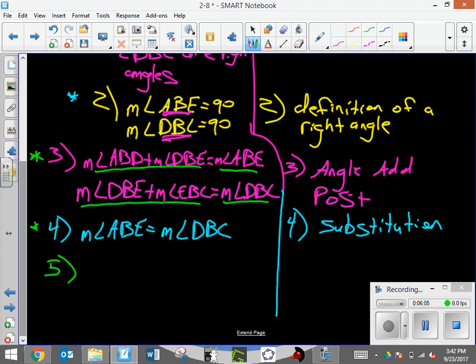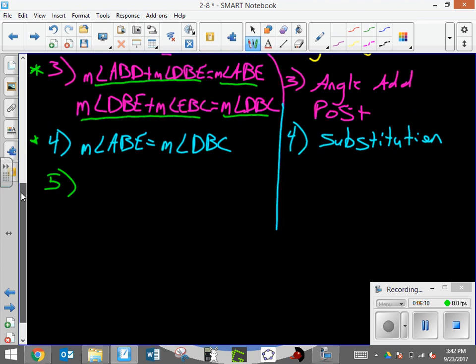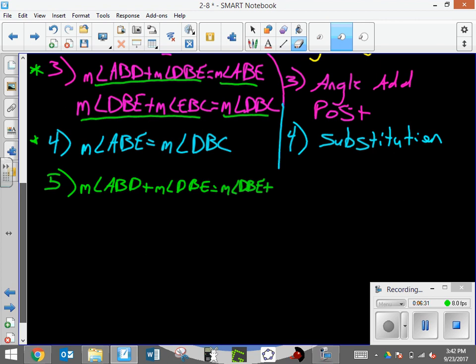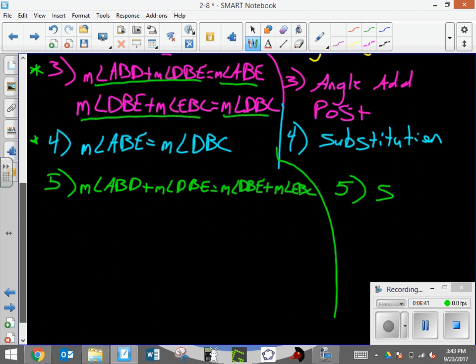I'm going to need quite a bit of room, so I'm going to try and write a little smaller and state that the measure of angle ABD plus the measure of angle DBE is going to equal the measure of angle DBE plus the measure of angle EBC. And again, all I did on this one was substitution.